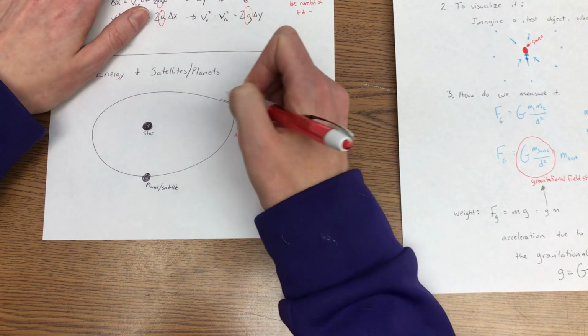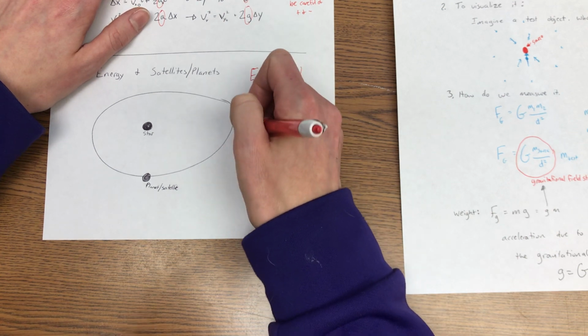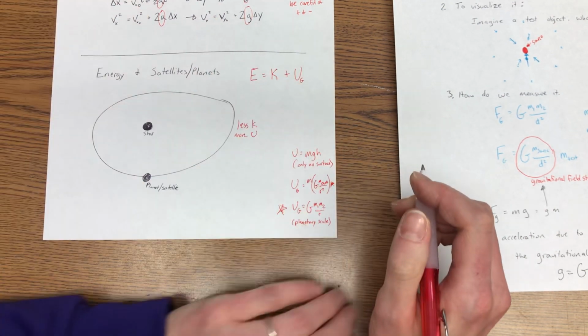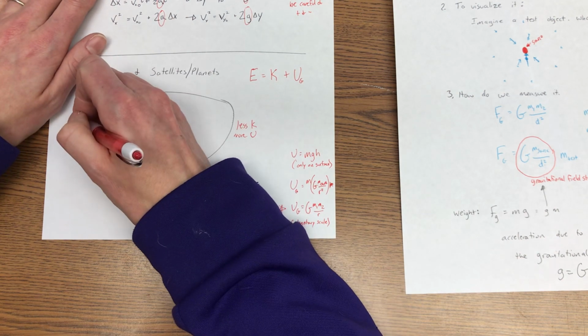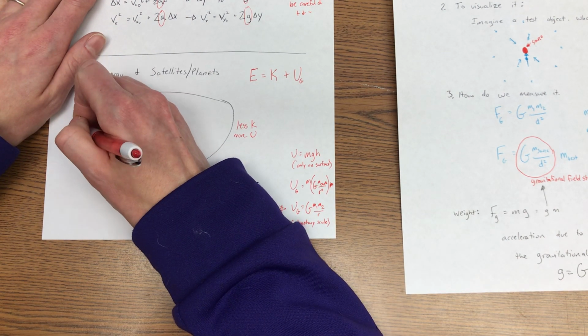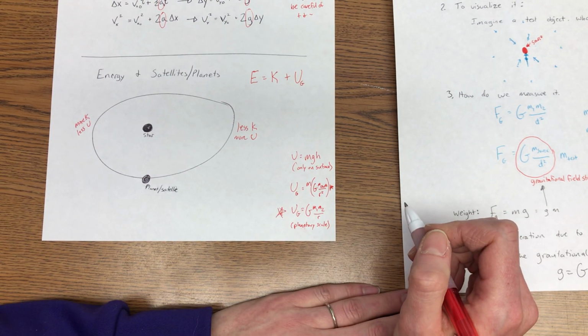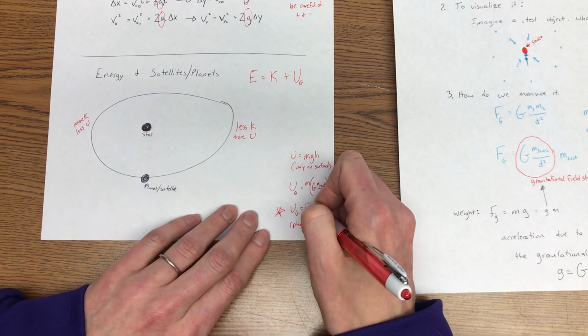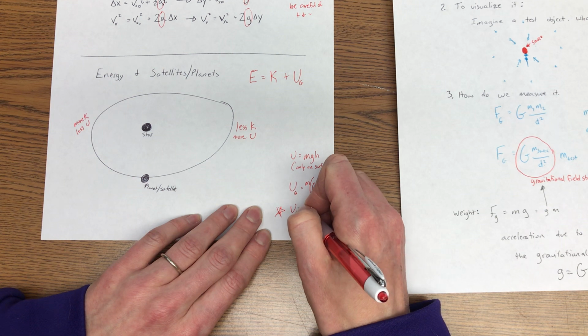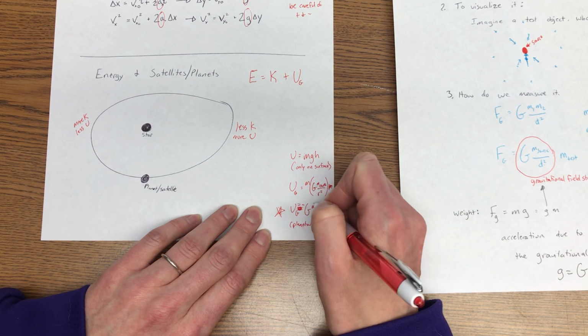And then it's going to come back down here, but the total energy is the same. Here it's got more kinetic energy and less potential energy. Oh, I know why. It's got a negative.